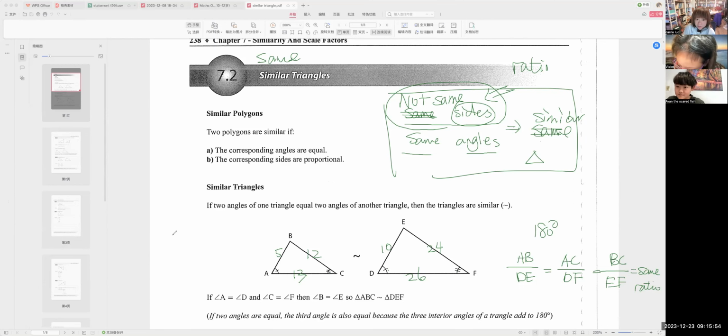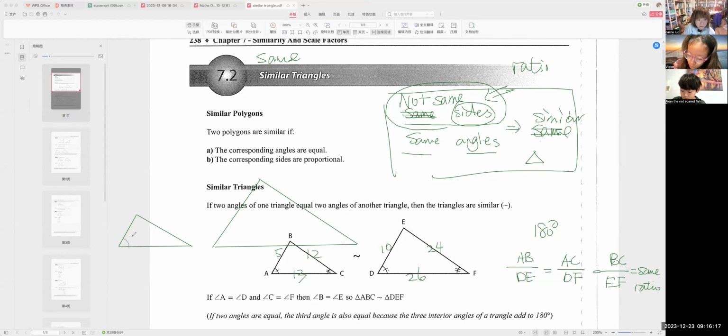So after you finish copying, I will ask you to create a similar triangle yourself. So how? Violet, take a look. On your own page, you're going to write something like that. For instance, let me show you.